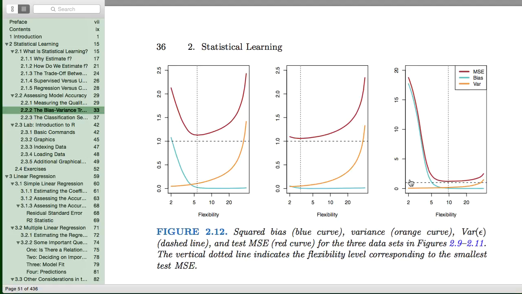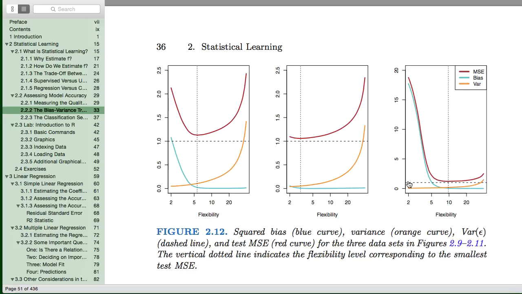And then in this one, we have a tremendous bias penalty and a tremendous reduction in bias as we increase flexibility, but we don't have much of an increase in the variance penalty. The variance penalty isn't great, and the reason is that we just got lucky.